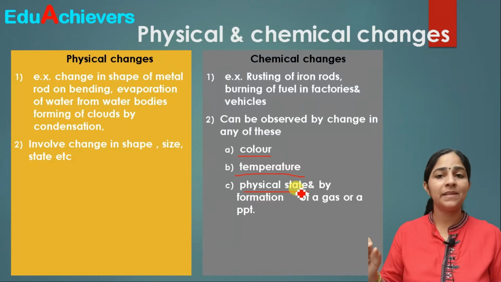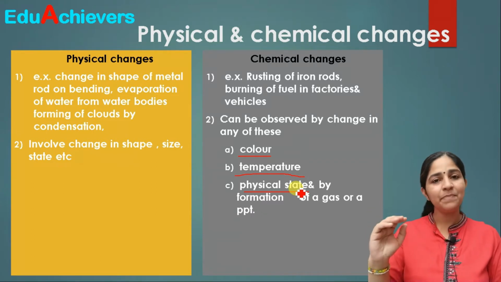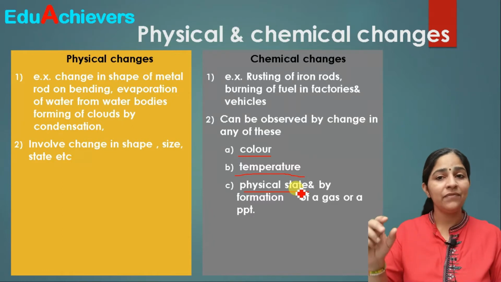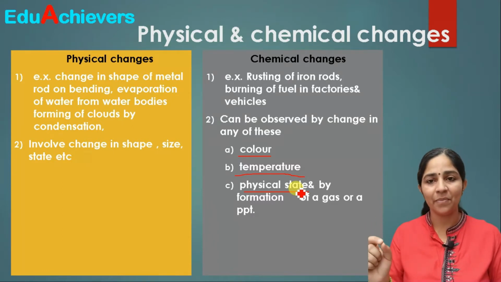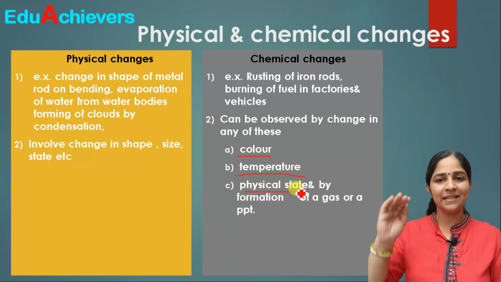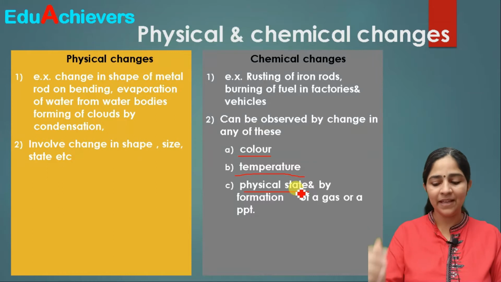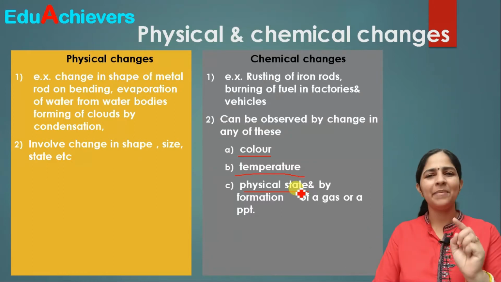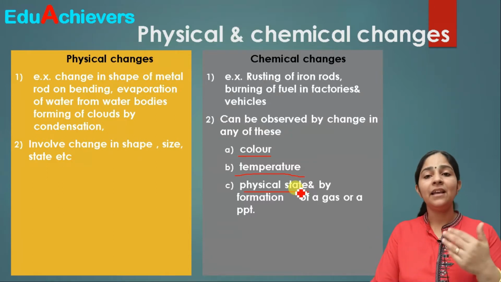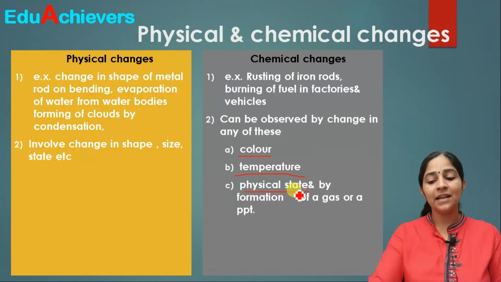That precipitate, called PPT in short, means a solid substance is forming. So you can understand that some new substance has formed and settled down at the base because it is a solid. By that we can understand that some chemical change is going on, and evolution of a gas may also be forming, so that change will also be a chemical change.